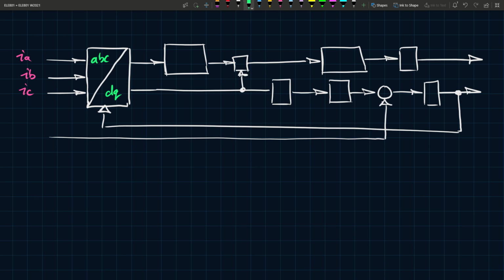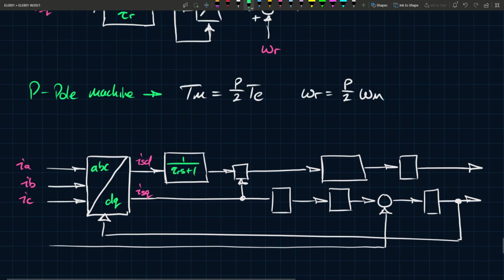So what's what? The output of your ABC to DQ transformation, as you may expect, is ISD and ISQ. Now you feed ISD into this 1 over tau r s plus 1 block, as we've done at the top.